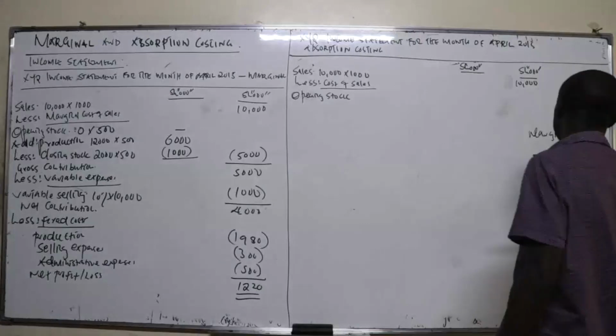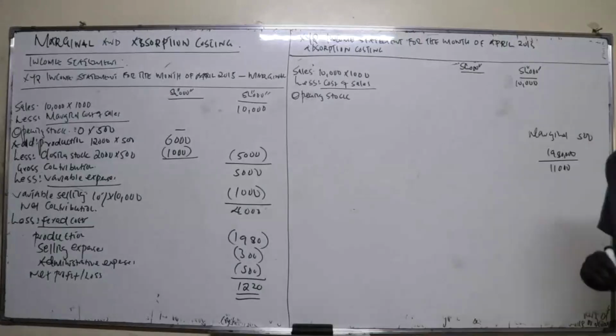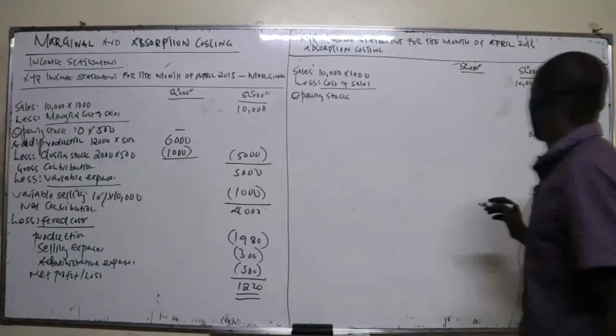So fixed production cost per unit is 180. So you add here 180. So the total production cost will be 680.